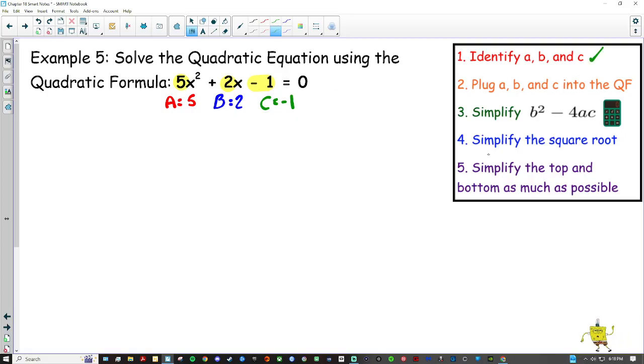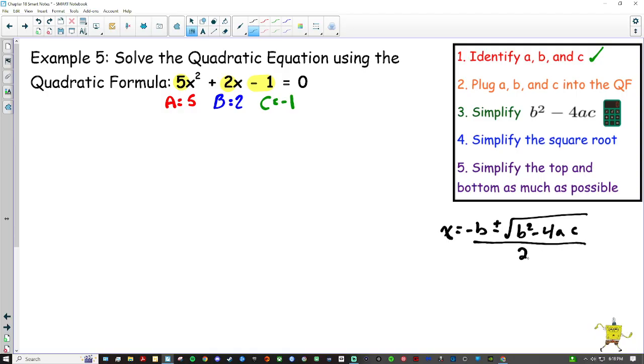Step 1 done. Step 2, we're going to plug this into our quadratic formula. Remember, we need to start memorizing our quadratic formula. It is x equals -b plus or minus the square root of b squared minus 4ac, all over 2 times a. When I'm plugging these in, the first thing I like to do is leave parentheses in all the spaces so they're easy to plug in.